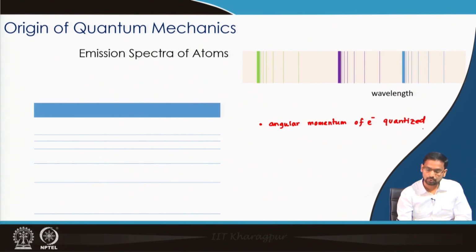Where does this angular momentum come in? So, in typical Bohr's atomic model, you see that there is a central nucleus, the electrons go around the nucleus. So, Bohr suggested that the electrons go around the nucleus in fixed stationary orbits, and while they move around, their angular momentum is quantized. They have fixed values of angular momentum. Angular momentum is not a continuous value, rather some discrete values of angular momentum are allowed.